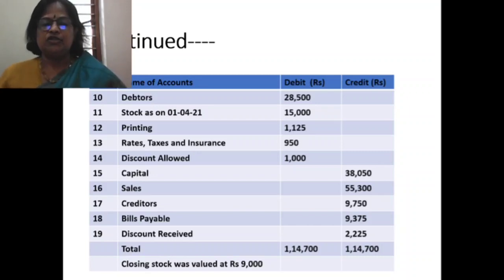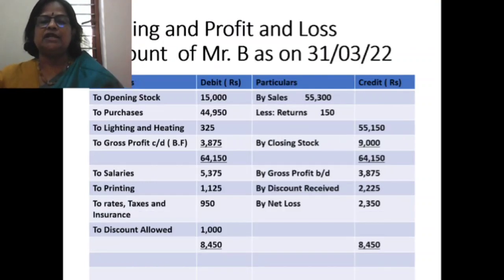Capital 38,050, sales 55,300, creditors 9,750, bills payable 9,375, discount received. This will go to credit side of the profit and loss account, 2,225. Total of the trial balance 1,14,700 and closing stock is 9,000.